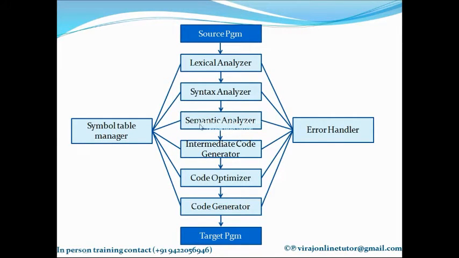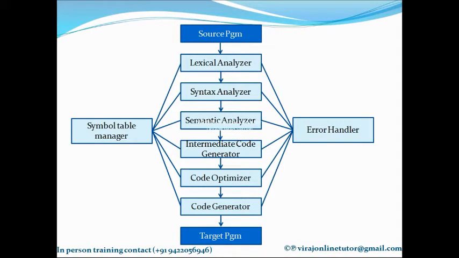Then the control was going next to semantic analysis, which was doing type checking of the operands for particular operators. For example, if you are multiplying an integer with a real, then the task of the semantic analyzer was to convert that integer into real so that both the real operands can be multiplied.